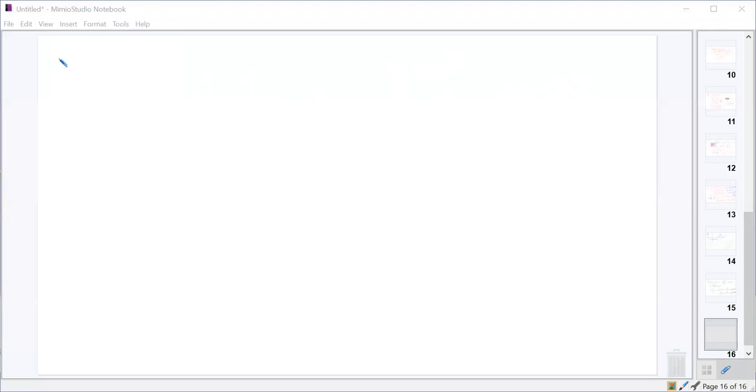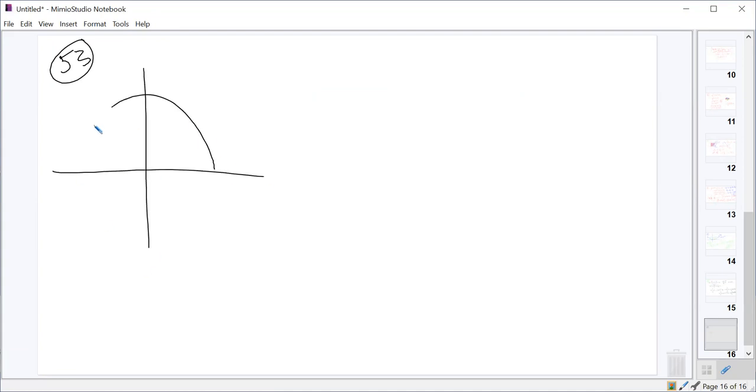So number 53 is the next one somebody asked about. 53 says we've got a sphere of radius r that is divided into two parts by a plane that is at a distance h, where h is between 0 and r from the center. So here's my three-dimensional sphere.